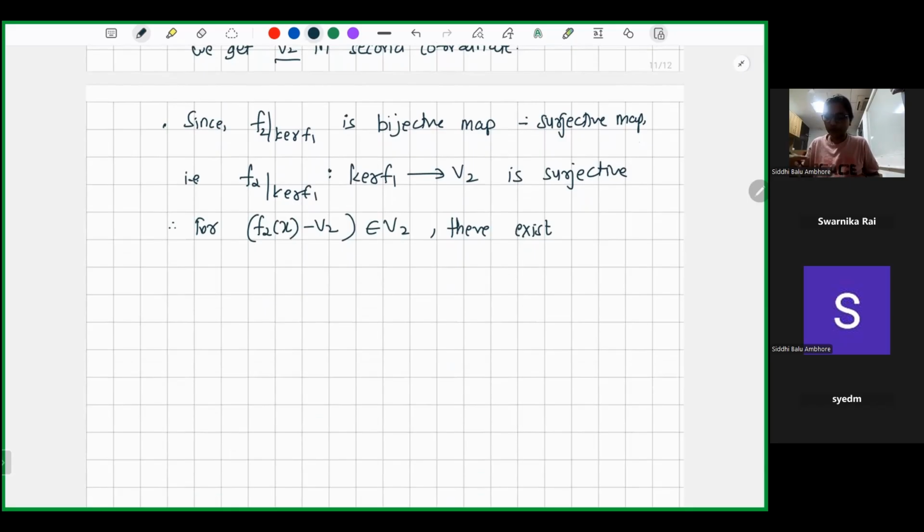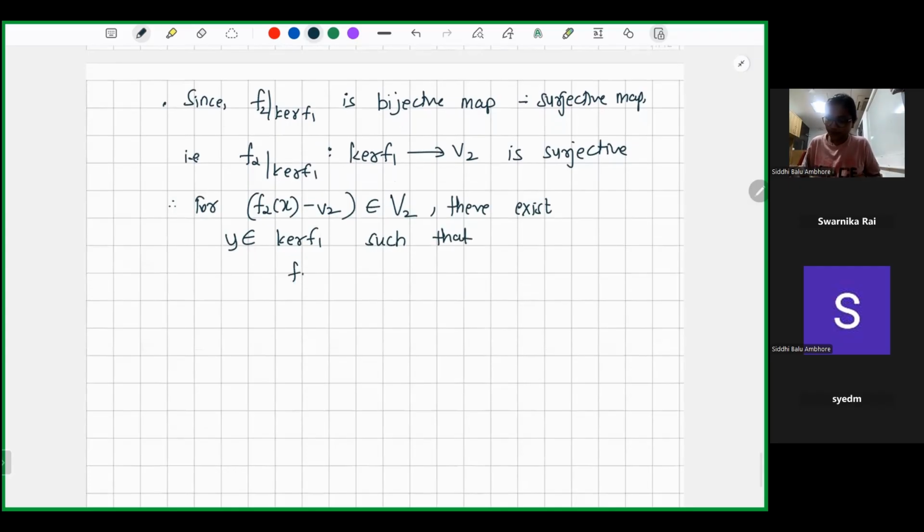This small v2 is in my capital vector space V2. There exists some y in kernel f1 such that f2 of y is f2 of x minus v2. Is this okay so far?